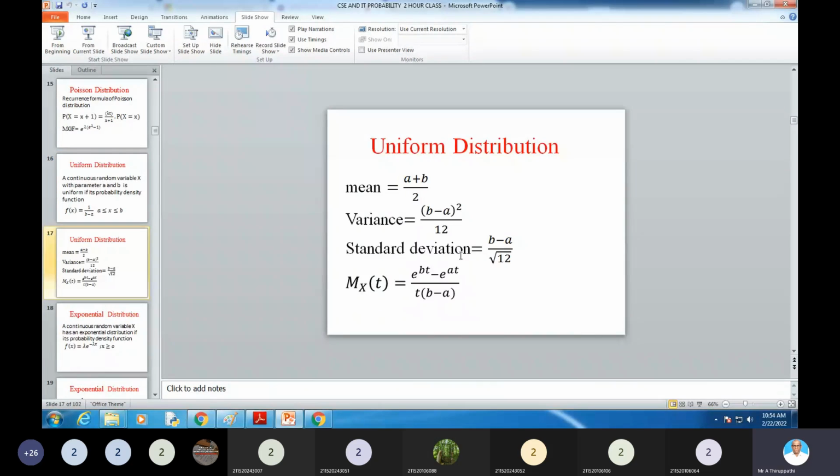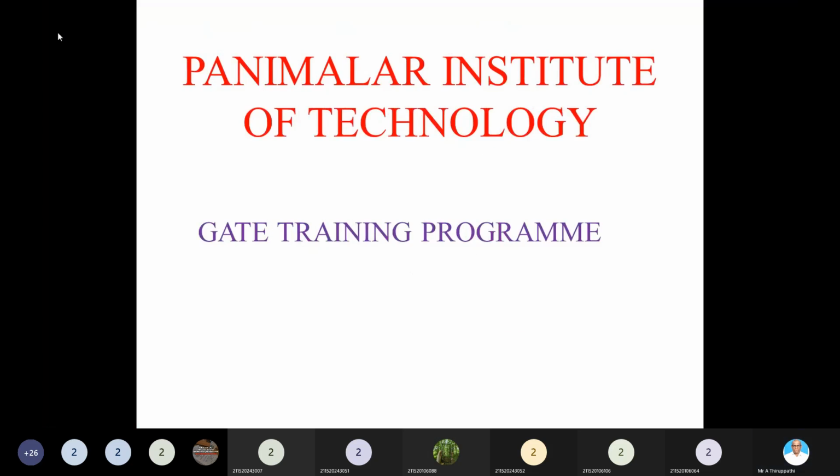Variance is b minus a the whole square divided by 12. Standard deviation, the root of variance, is b minus a by root of 12. Moment generating function M x of t is equal to e to the power bt minus e to the power at, divided by t into b minus a.